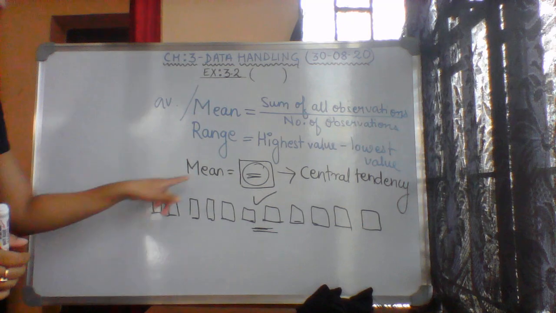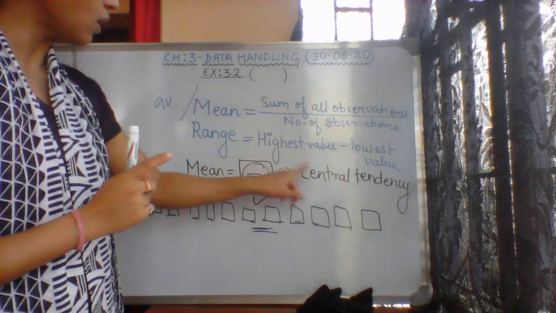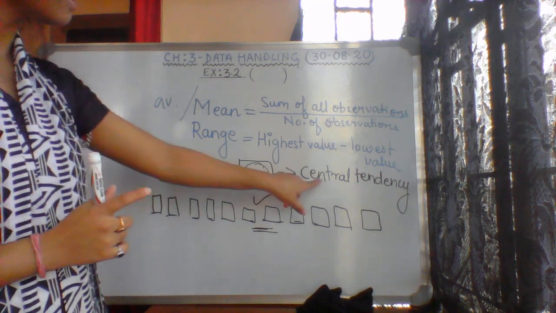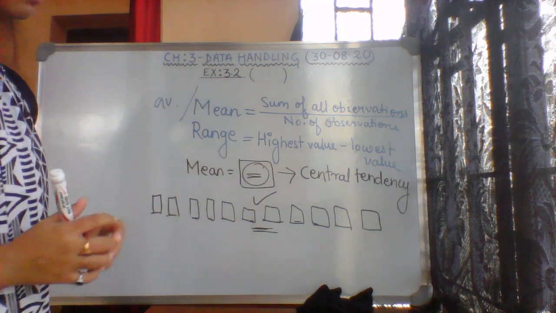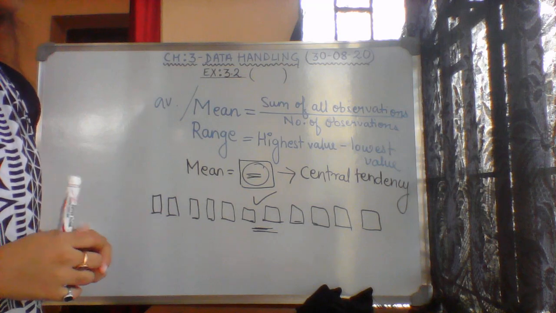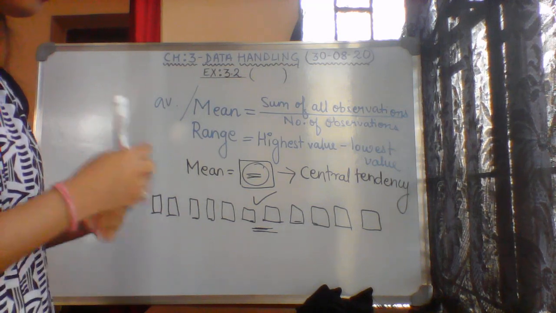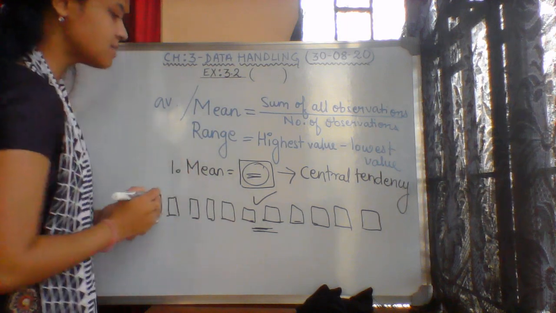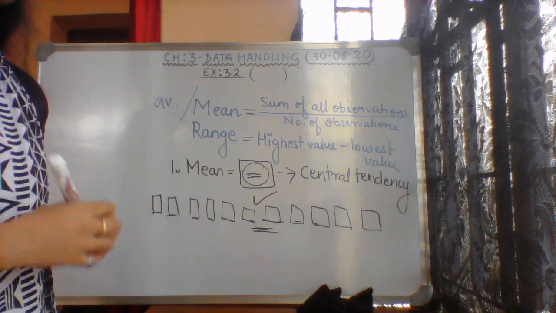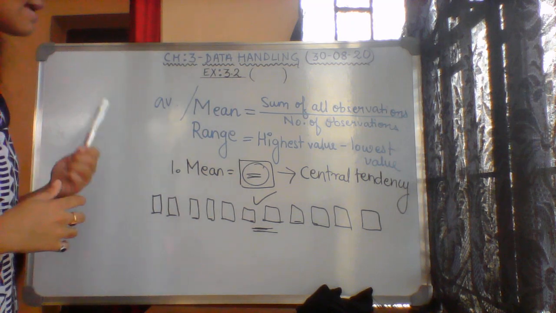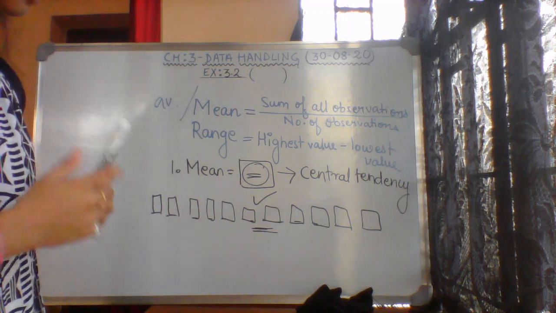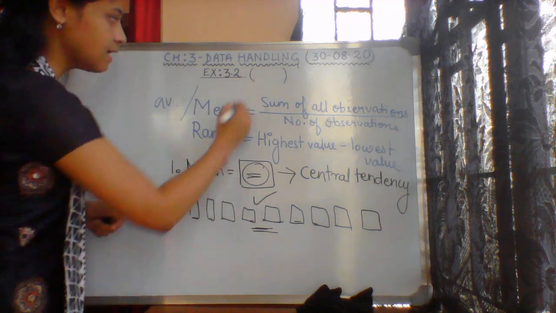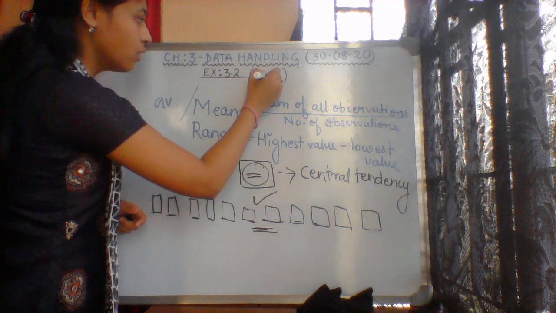But is there only one kind of central tendency, that is mean? No. We are now going to learn more central tendencies. Mean is one of the central tendencies we already know how to calculate in exercise 3.1. Now we are going to learn about another central tendency, that is mode.